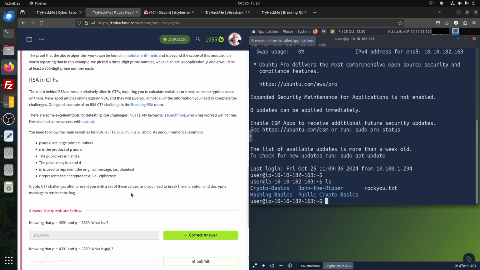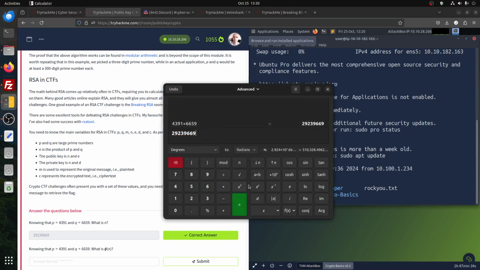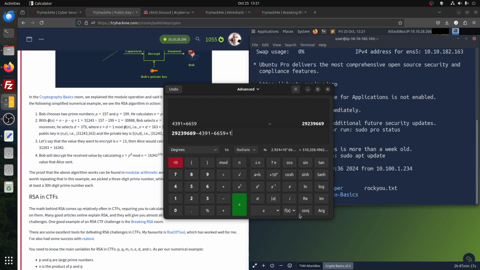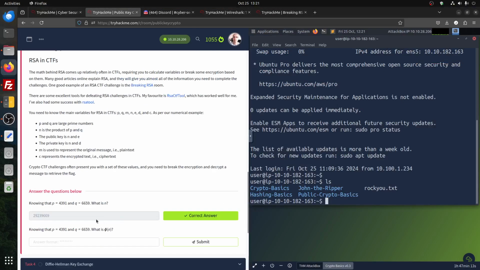So we have n, minus p, which is 4391, minus q, which is 6659, plus 1, and then we get the answer.